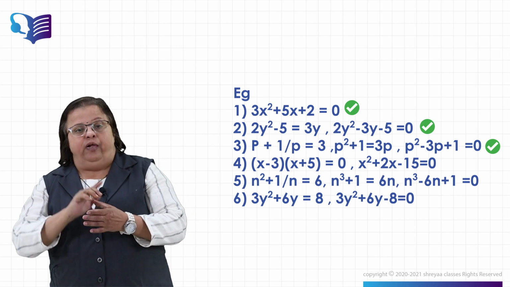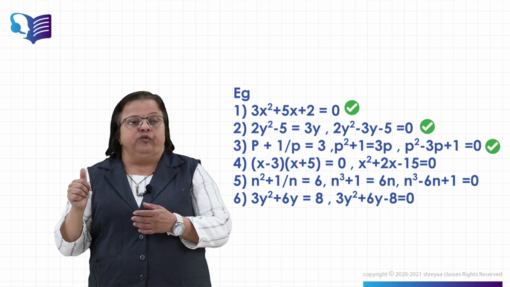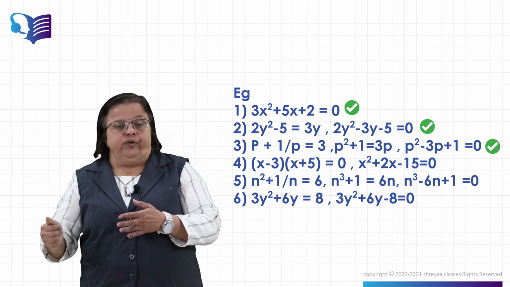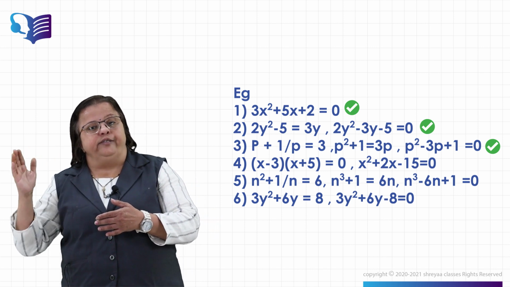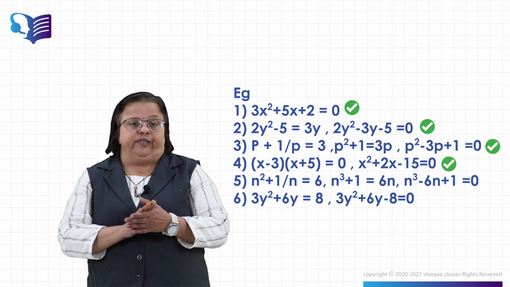Plus 2x. And again minus 3 into plus 5 is minus 15. Therefore we write the simplification as x square plus 2x minus 15 is equal to 0. So here also it is a quadratic equation.